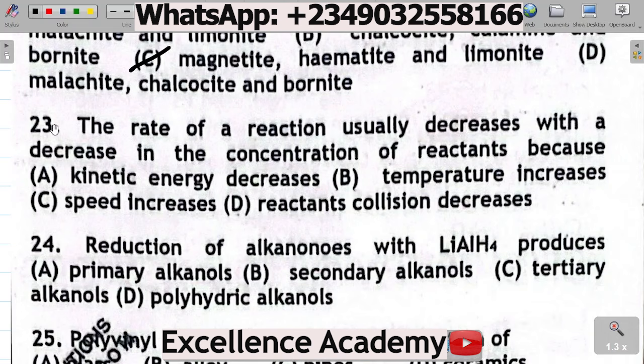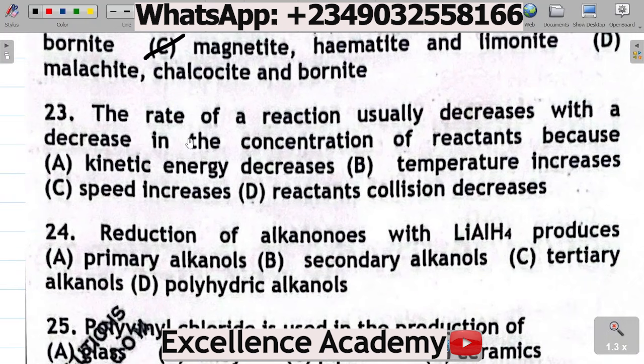Now, for question 23, you want to note that lower concentration causes fewer particles per unit volume, and these fewer particles per unit volume cause fewer effective collisions, because the rate of reaction is affected by the collision of particles.